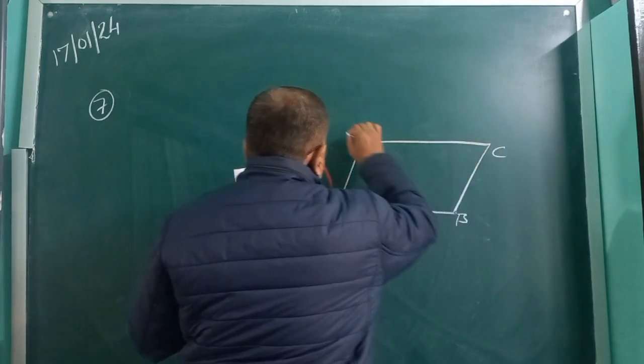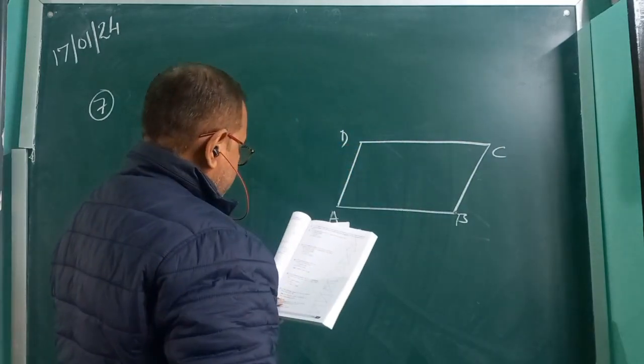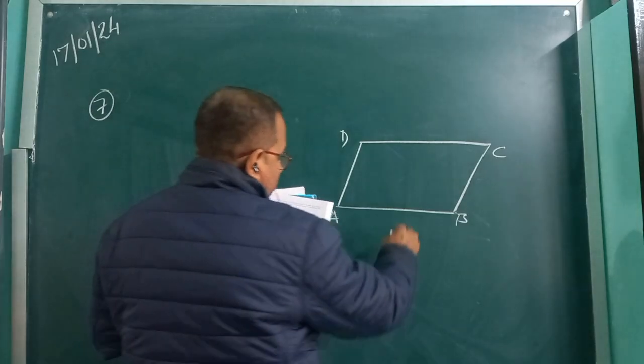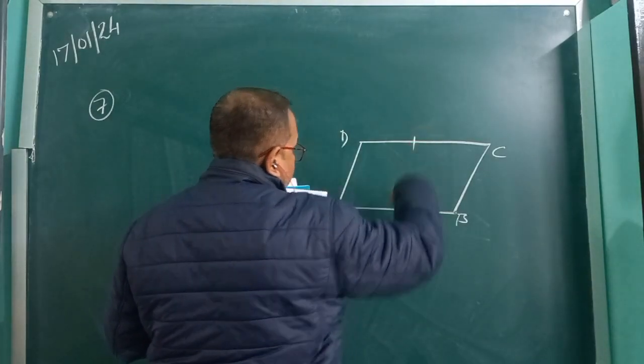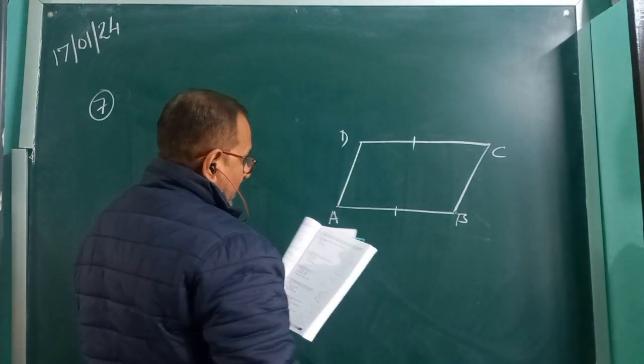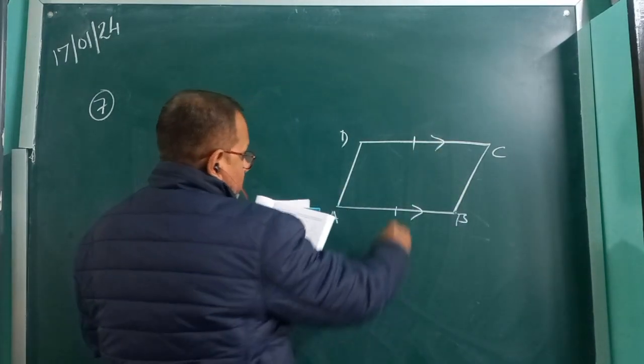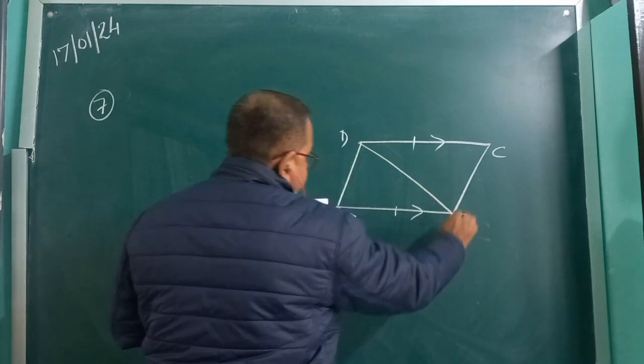ABCD is a quadrilateral in which AB is equal to DC. AB and DC both are equal, and AB is parallel to DC also. Join the diagonal BD.